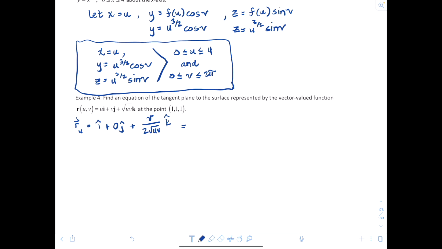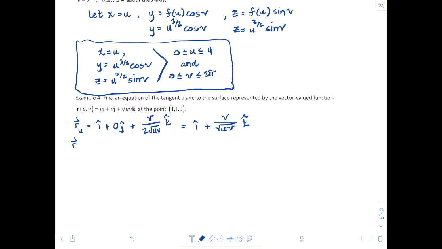That will be i plus, I don't know if you want to rationalize or not, I'm just going to keep it like this. This is fine. Plus v over the square root of u times v times the vector k.